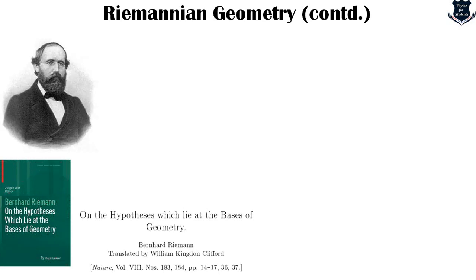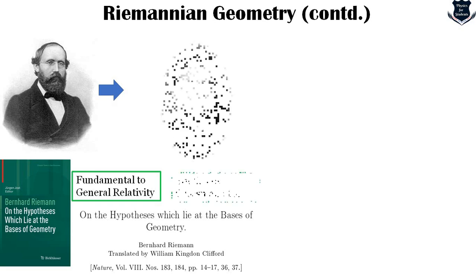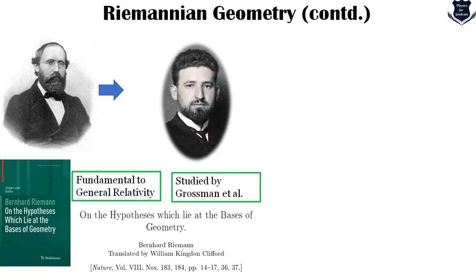Okay, so just to go ahead, this is basically the book which was written by Riemann from his inaugural lecture at Göttingen, which I have just seen, and it was the famous mathematician William Kingdon Clifford who translated it. So this is something very fundamental to general relativity, which was studied by Grossman and others.